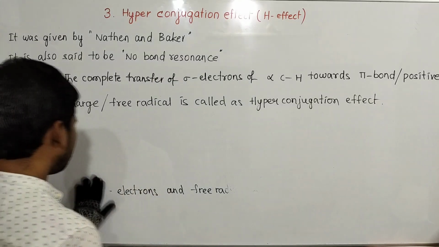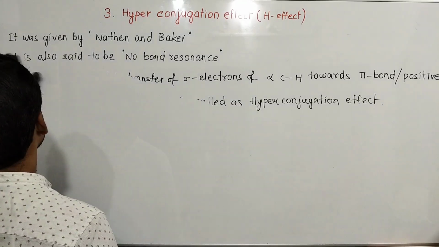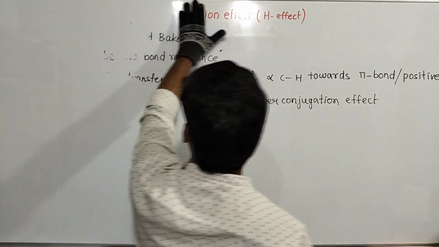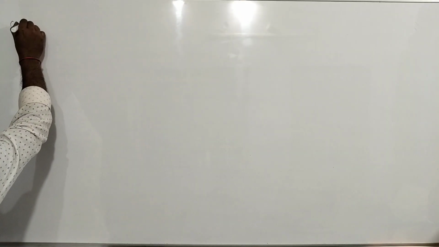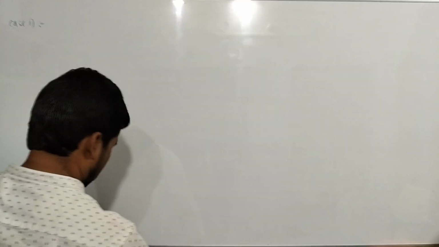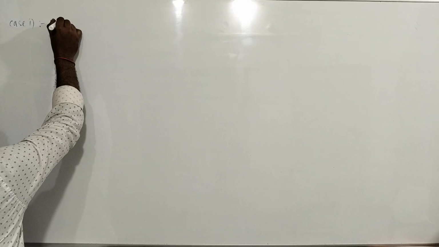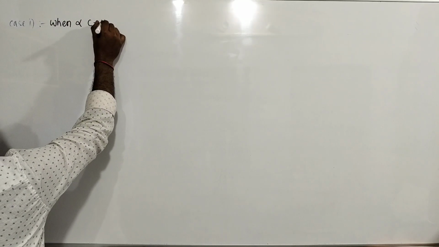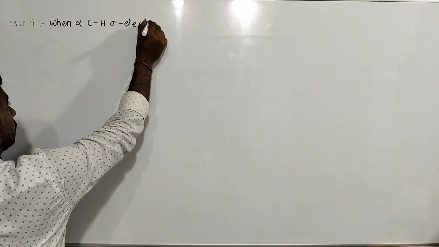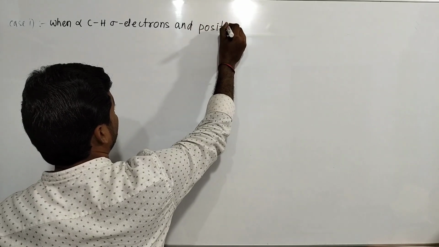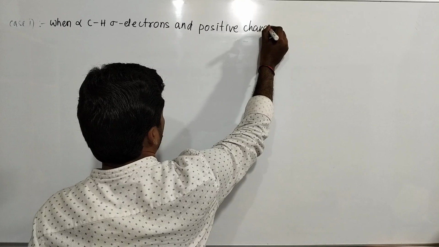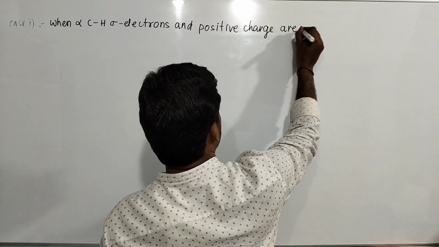Case 1 is when alpha carbon C-H sigma electrons and a positive charge are in conjugation.